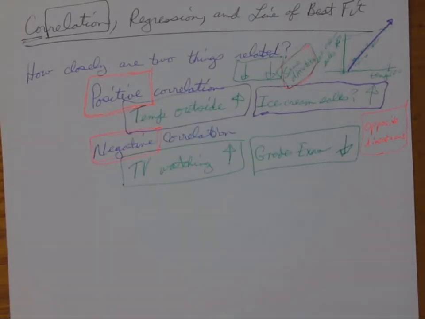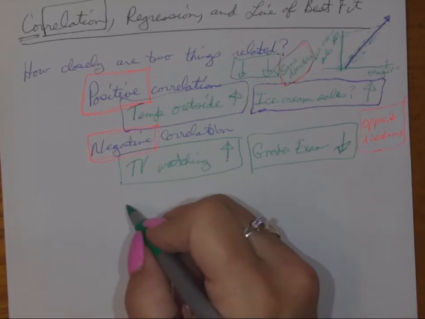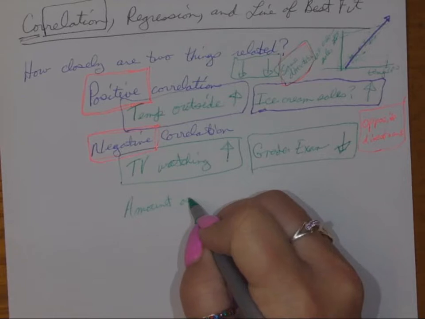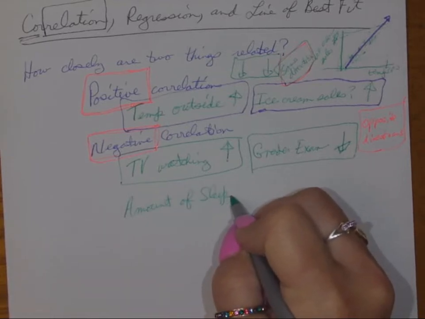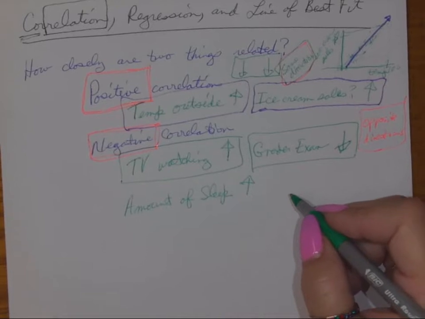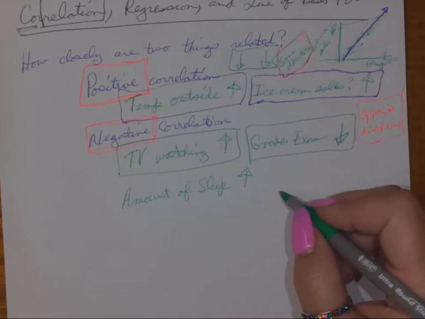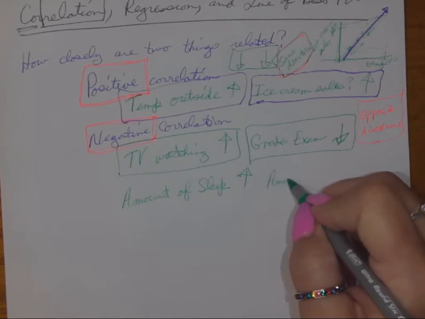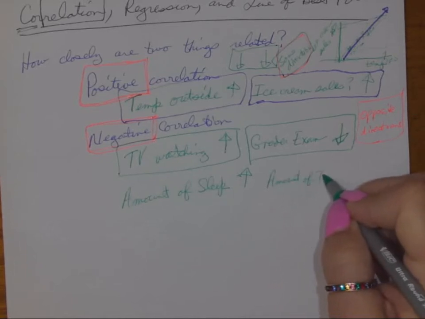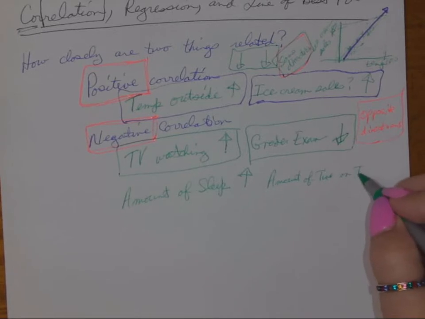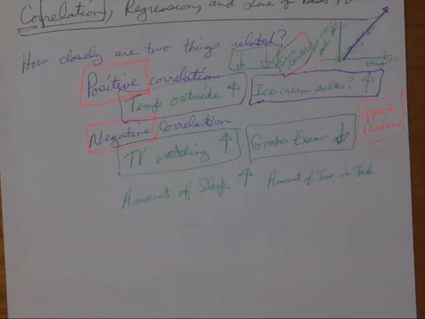All right, let me give you another example. How about this? If your amount of sleep goes up, then what about the amount of time on task for your class, doing homework or whatever?